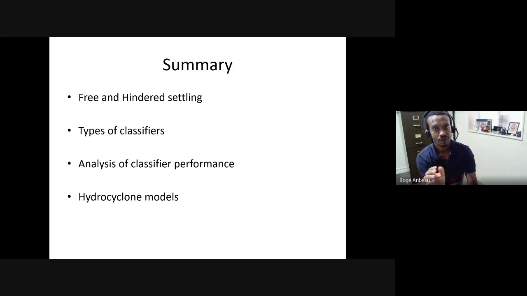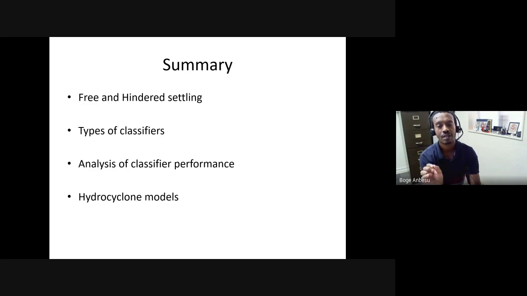So for classification, we call it overflow, but when I say overflow, it just means undersize or fine fraction. The coarse portion, we call that obviously the coarse fraction or the underflow. And in this case, the underflow means the oversize. As long as you use the terminologies properly, it shouldn't be a problem.